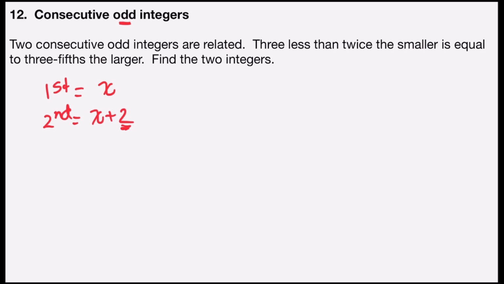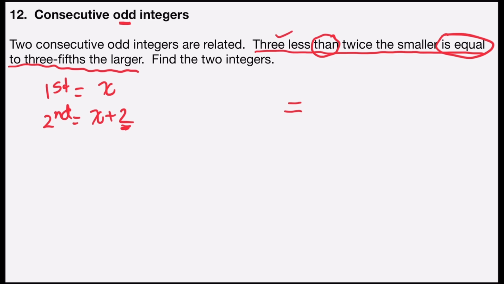Now I'm going to use translation to write my equation. It says 3 less than twice the smaller is equal to 3/5 the larger. So here's my is equal to part. That's my equal sign. 3 less than, here's the word than, so I'm going to reverse the 3. It's written first in words, but second in symbols.